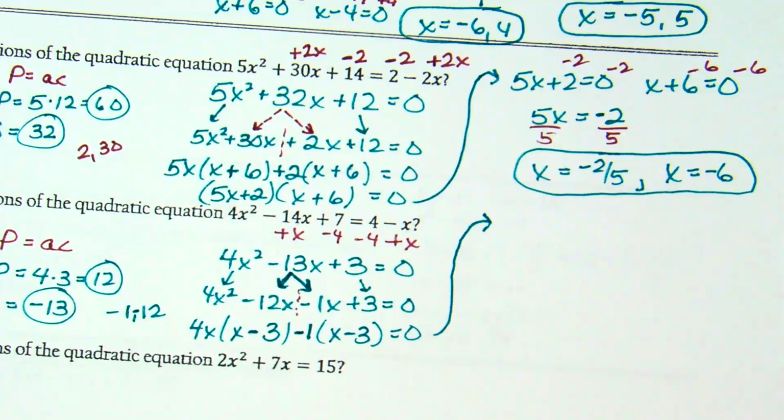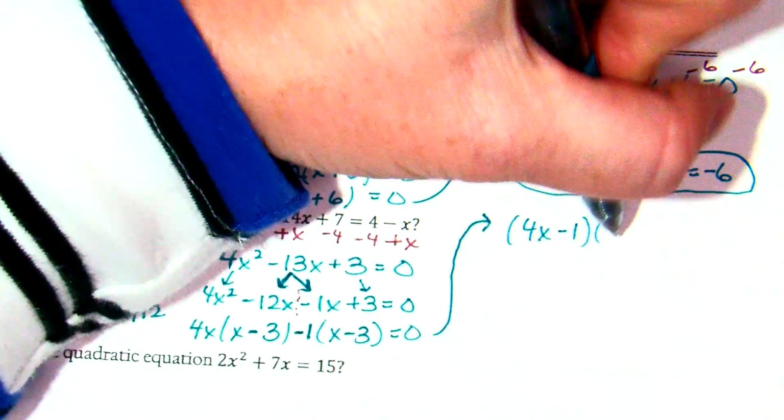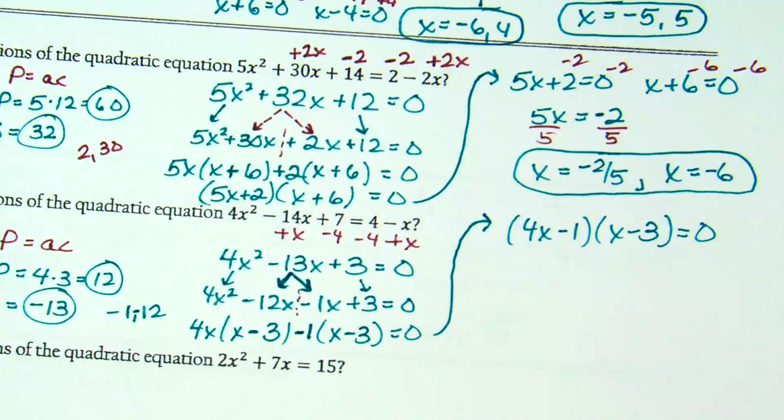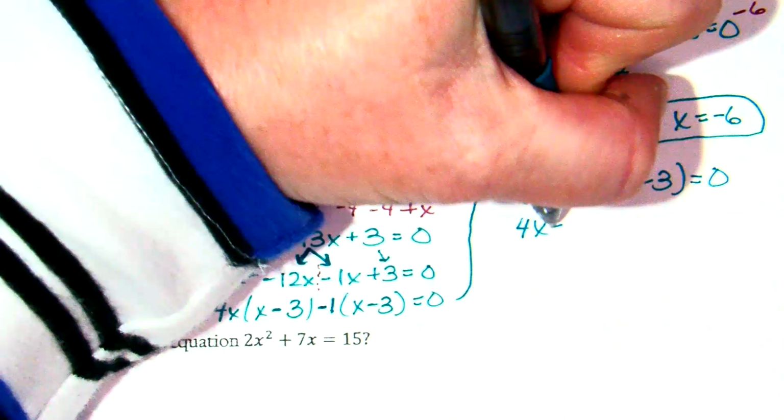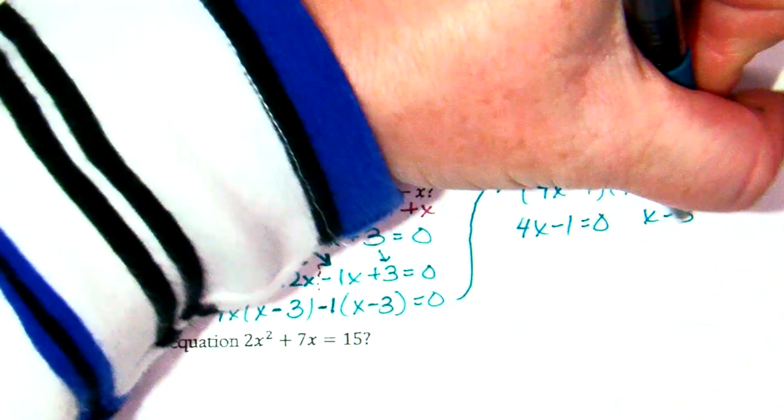Okay. What are my two parentheses then? GCFs of 4x minus 1, matching parentheses of x minus 3, and it's all equal to 0. How do I finish this off? Set each part equal to 0.